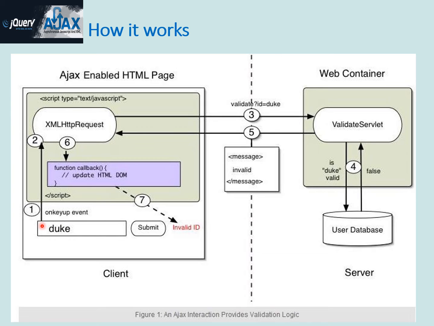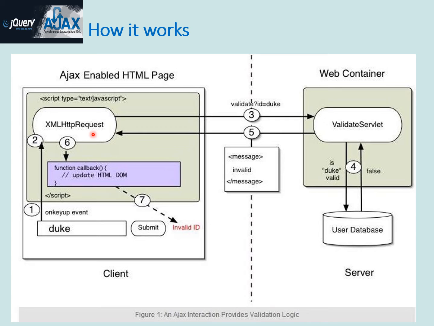Whenever an event occurs, that event should be converted into the format of a request object. So here, in the Duke data, an on key up event occurs, so this data will be converted into the format of an XML HTTP request. For converting that, the code is available in the script portion of the web page.